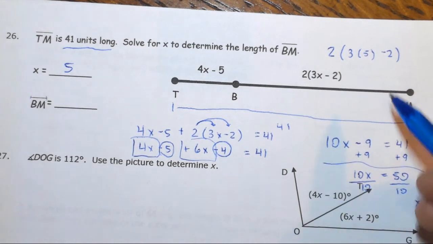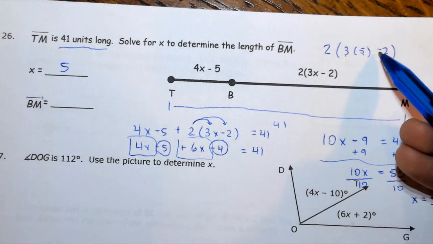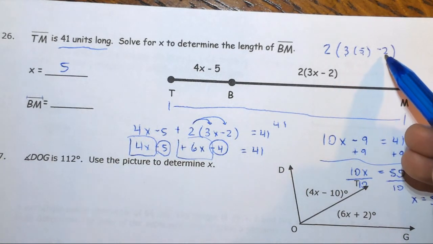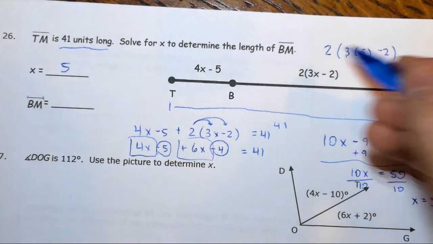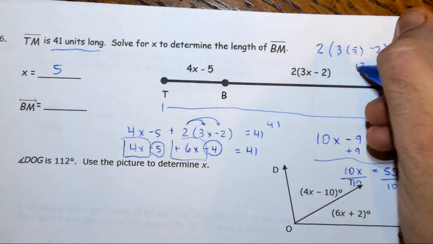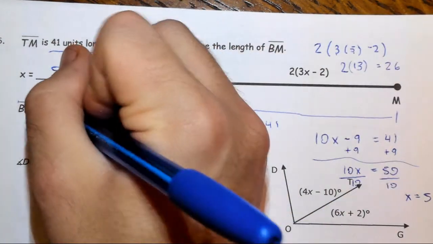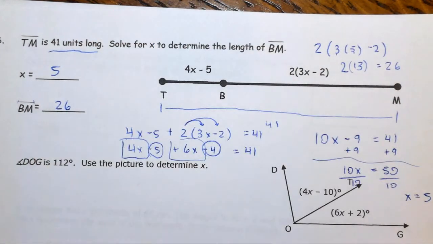I'll go ahead and do the math for us. 3 times 5, 15, minus 2, I get 13. Then I have to multiply it all by 2. 13, because this was all 13, times 2 is equal to 26. But again, if you wanted to set it up like this, type it in your calculator. That's perfectly okay. You will get the right answer as long as you use your parentheses.